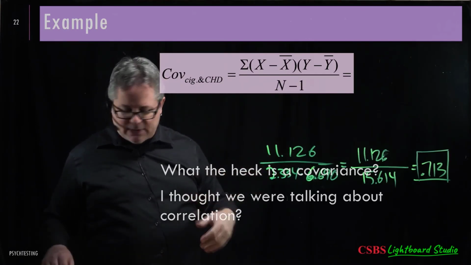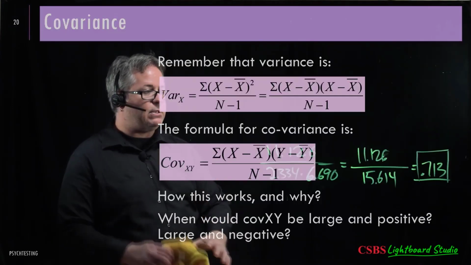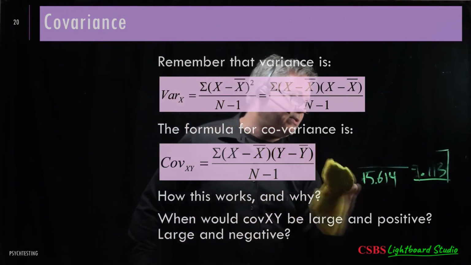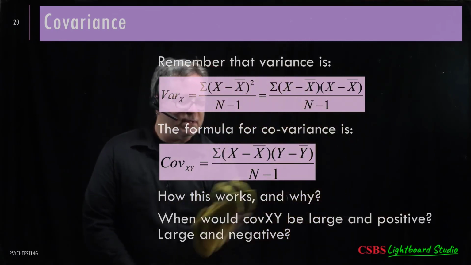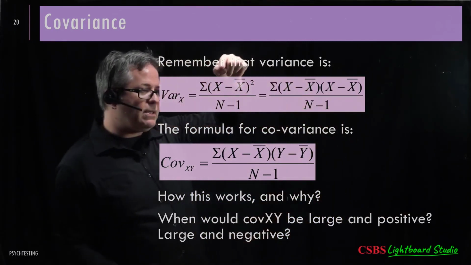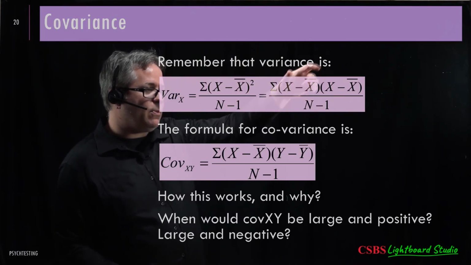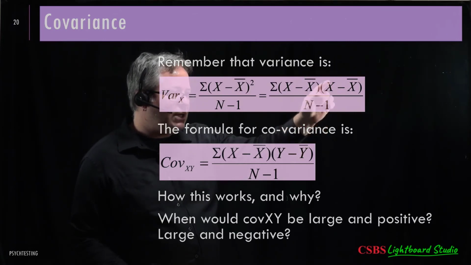The reason, at least as far as I can tell, I don't know this for a fact, is if you look at the measure for variance, remember, covariance is just the variance shared between two variables. So they correspond, where variance is x minus x bar squared over n minus 1. If we spread those out, so it's x minus x bar and x minus x bar again, it's still divided by n minus 1 because we're still talking about the same x. So when you replace one with y, put the y there and a y bar there, right?